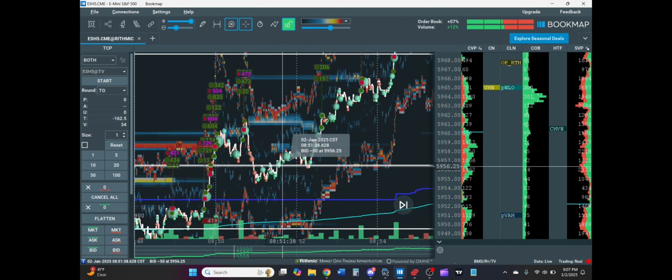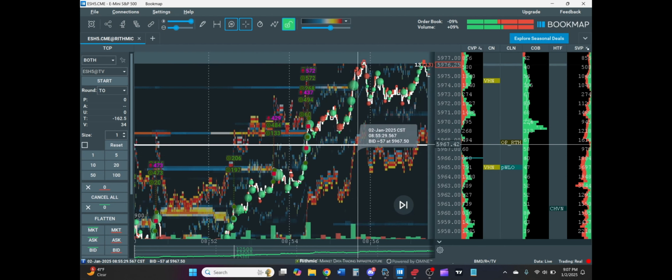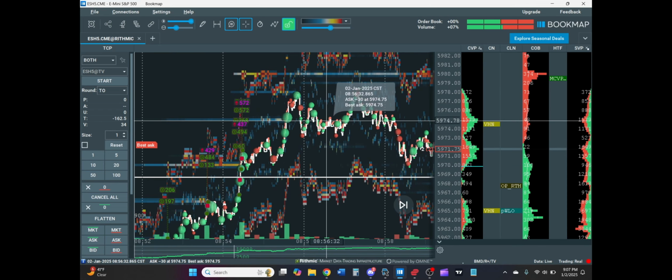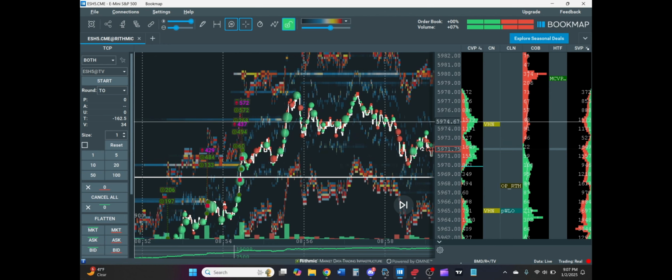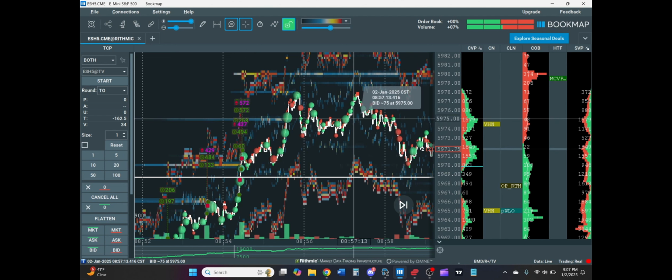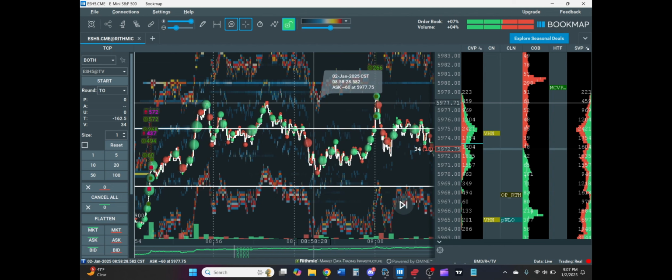So we already got this labeled from earlier, and it kind of moved off of there. And let's see, we have our variable high volume node, which came back to check that price. Is this too high? It turns out this is too high.